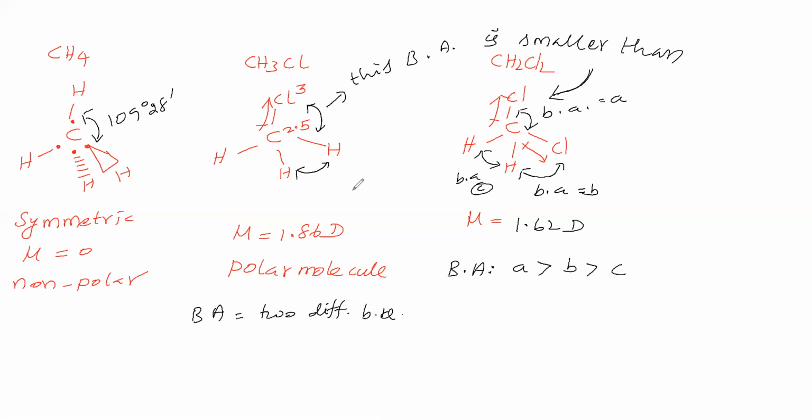Now let us replace one more hydrogen by Cl. The dipole moment here is still less when compared to this, that is 1.03 D. Now we will replace this hydrogen also by Cl.